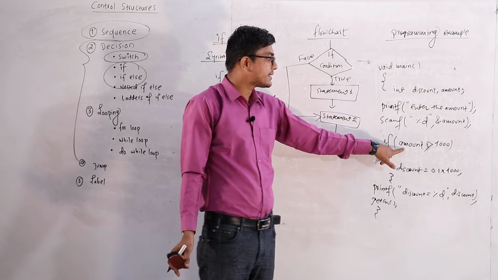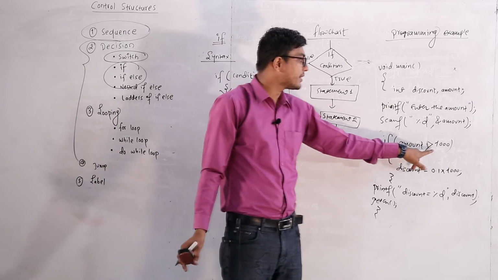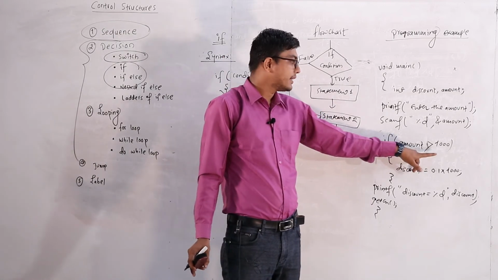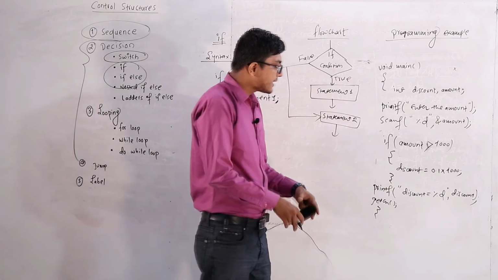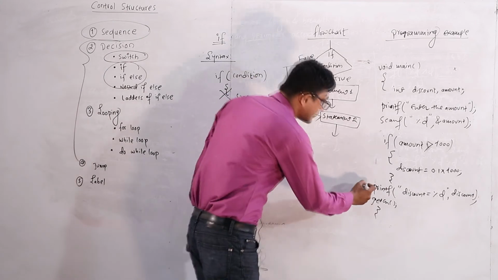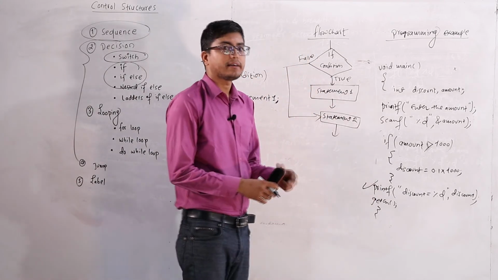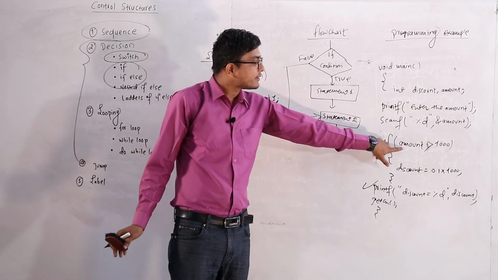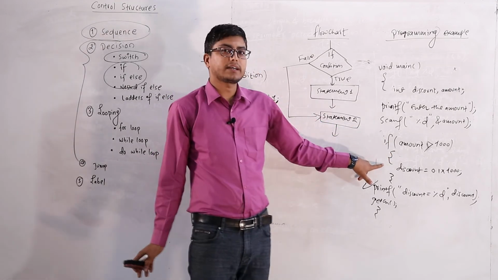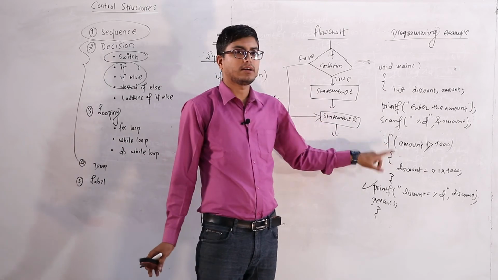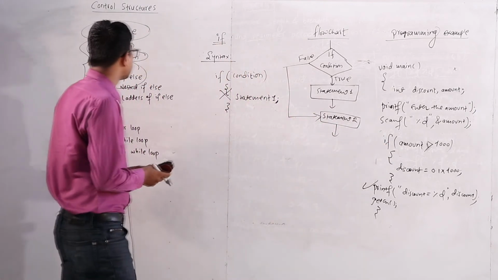Otherwise, if this statement is false, it means your amount is not greater than 1000, then discount will not be calculated. So the printf statement will be executed whether the condition is true or false, but the discount is not calculated if the condition is false. So this is the simple example.